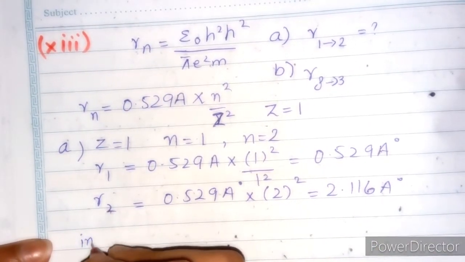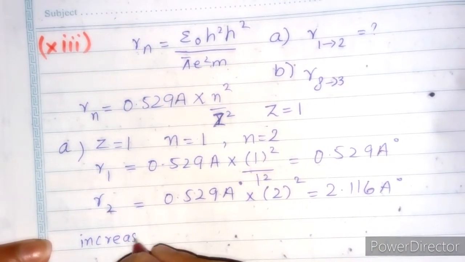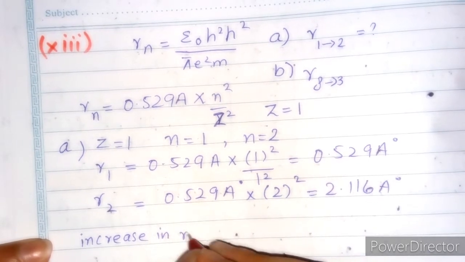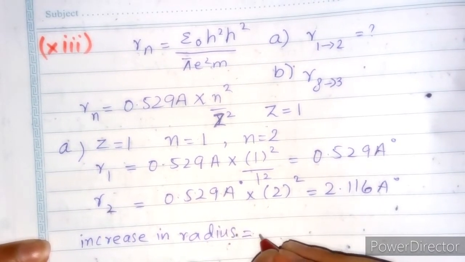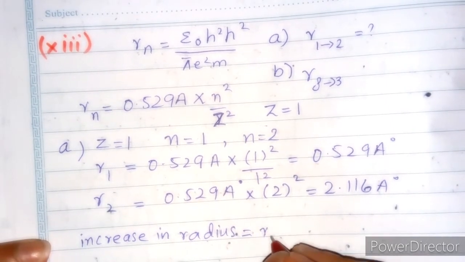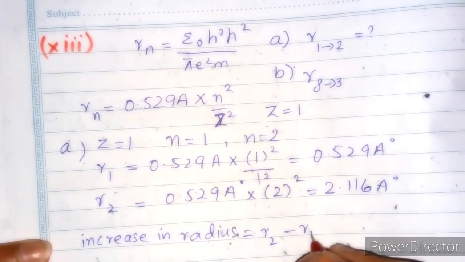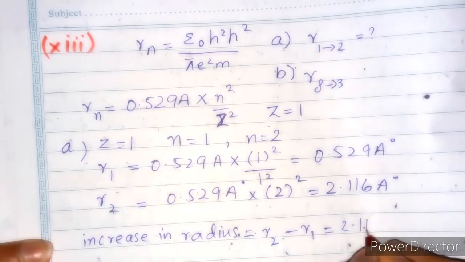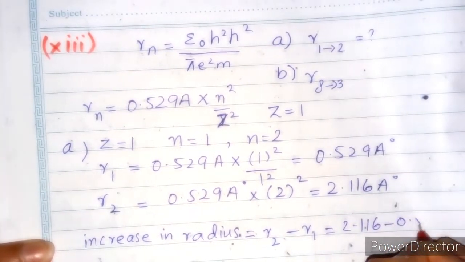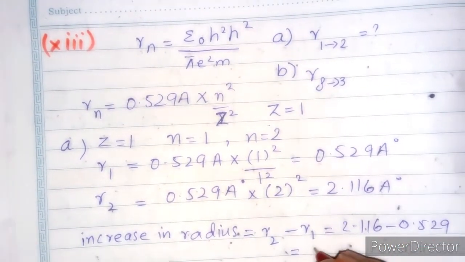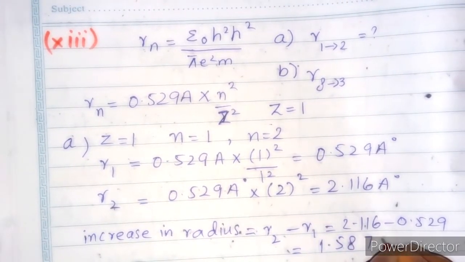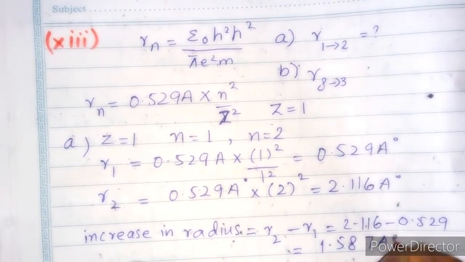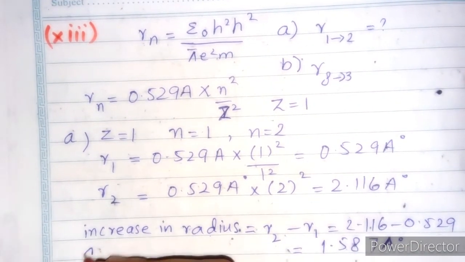Increase in radius is equal to R2 bigger value minus smaller value. 2.116 minus 0.529. We get the answer 1.587 a naught. Answer of A part.